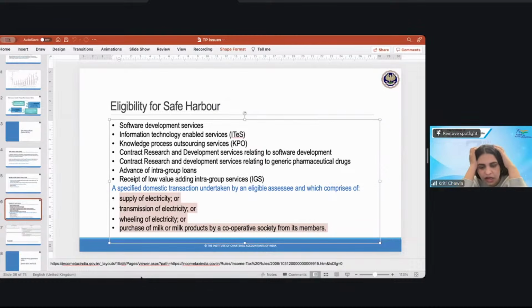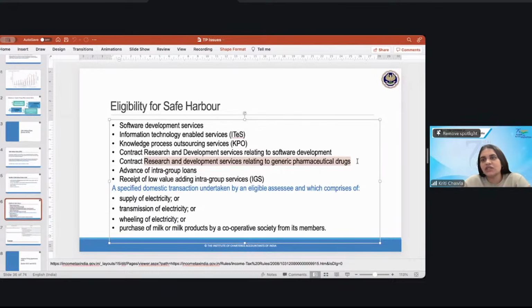They brought down the margins for a lot of transactions. What they did going forward also was that they introduced a lot of transactions later on. So if you see these, advancement of intragroup loans, low value adding intragroup services, contract research and development relating to generic pharmaceutical drugs, etc., these were the transactions that were actually added later on.